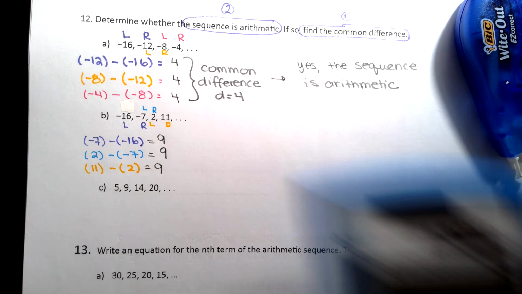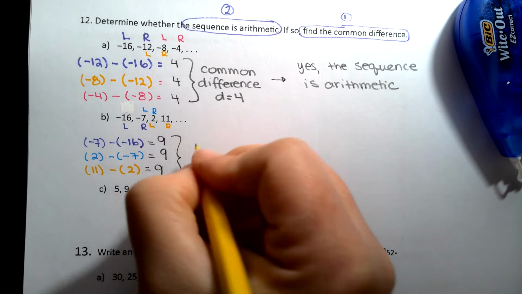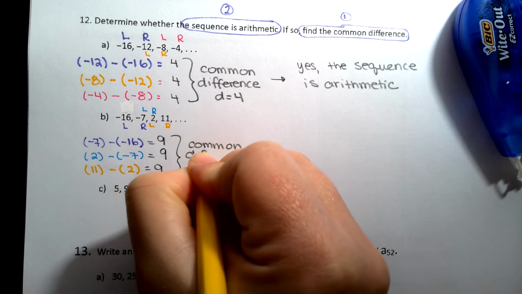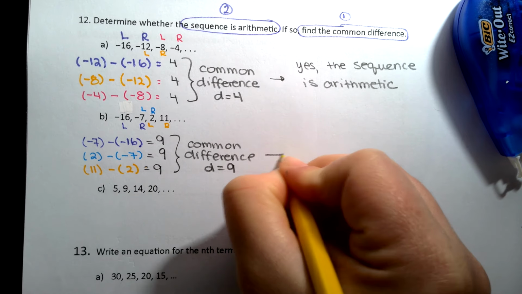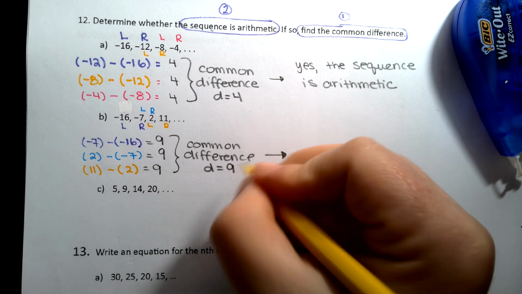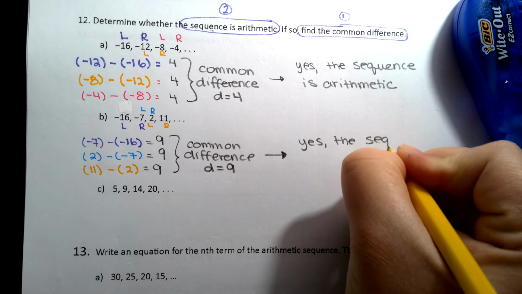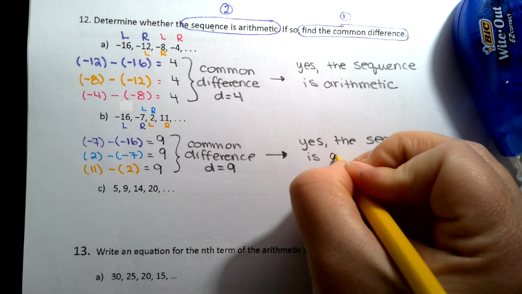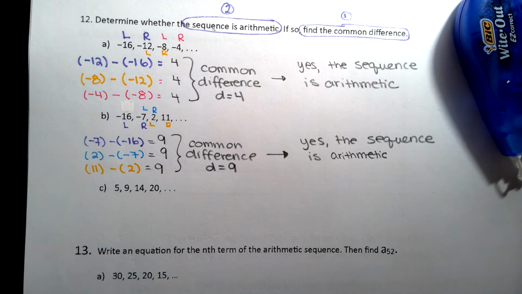So that means part 1 of our answer, find the common difference: D is 9. And then let's answer the second part, if the sequence is arithmetic. Since there is a common difference, yes, the sequence, which is just another way to say a list of numbers, is arithmetic. Spelled arithmetic, pronounced arithmetic.